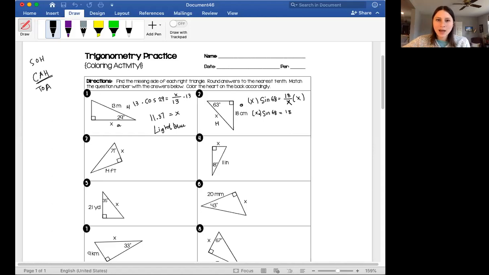Now to get x by itself, I'm going to divide by sine of 68. Then I get x by itself, and that becomes my answer: 18 divided by sine of 68.